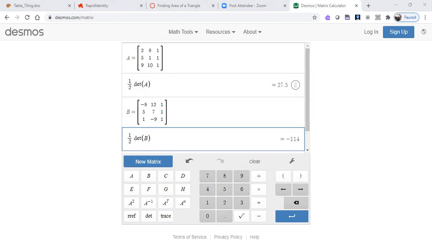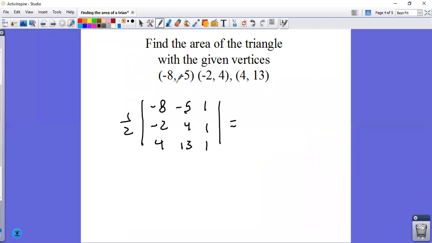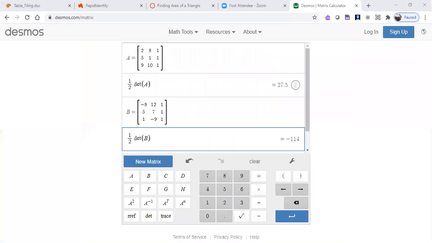Sorry. Okay, so this was find the area of those 3 points. So put them into the matrix, followed by ones. Go to Desmos. I'm going to clear all.